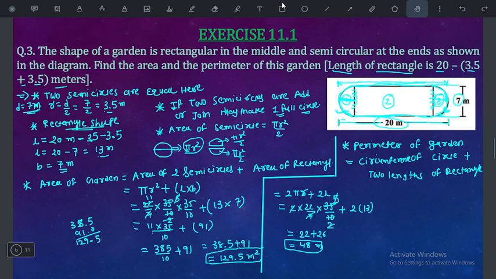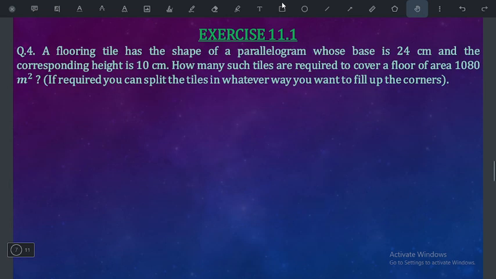Okay, so these are our three questions from exercise 11.1. And the fourth question you should do in your homework. If you don't understand anything, then comment your doubts in the comment section.